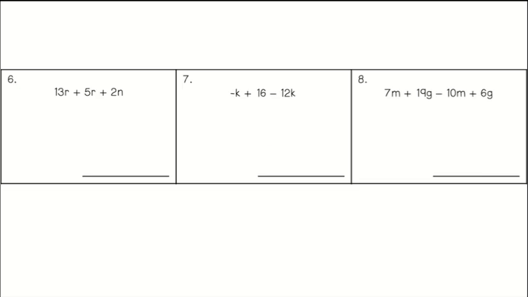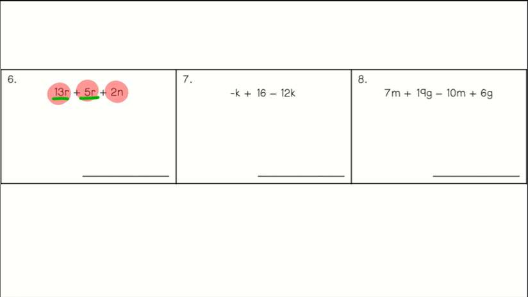Other thing you'll have to do in some of these equations is combine like terms. When you have different terms, they're the numbers separated by plus or minus. Those are the terms. So we got 3 terms right here. You can see I got 13r and 5r, and I got a 2n.